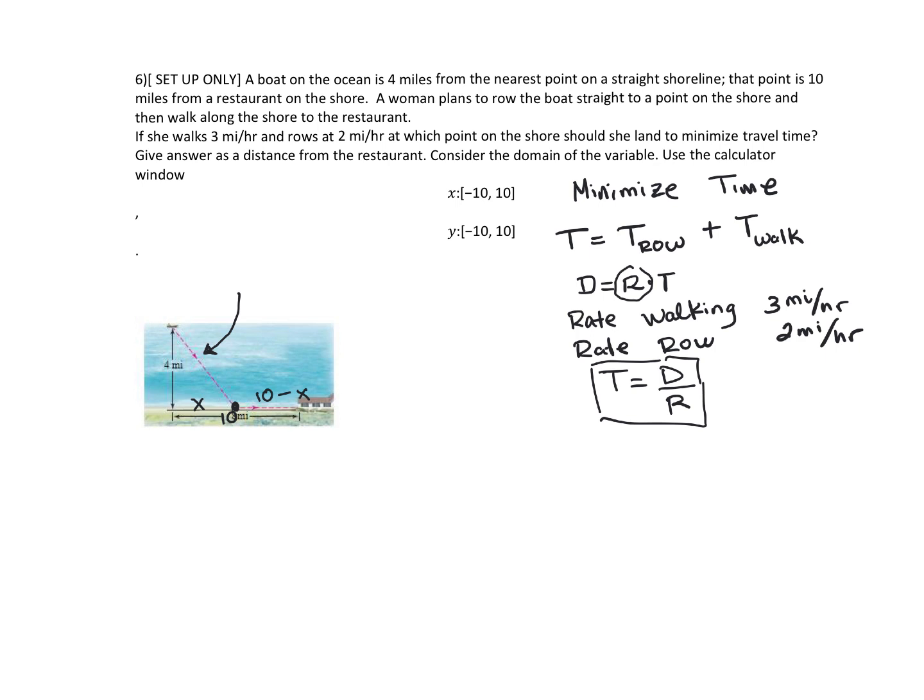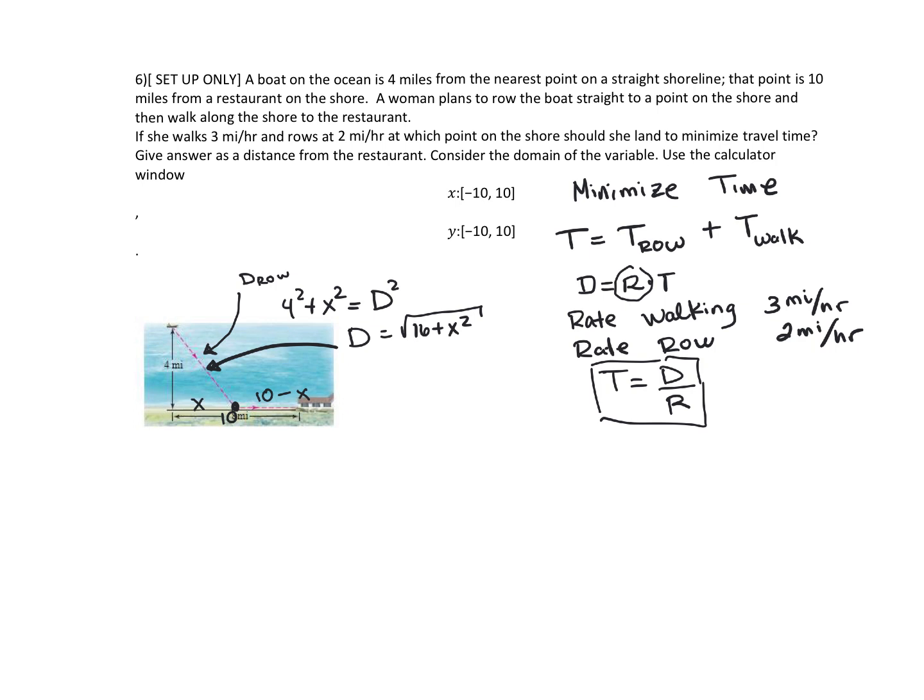But our distance rowing, this piece here, is going to have to use the Pythagorean theorem. So we'll do 4 squared plus x squared equals the distance squared. And so our distance here is going to be the square root of 16 plus x squared. So that is this distance right here.